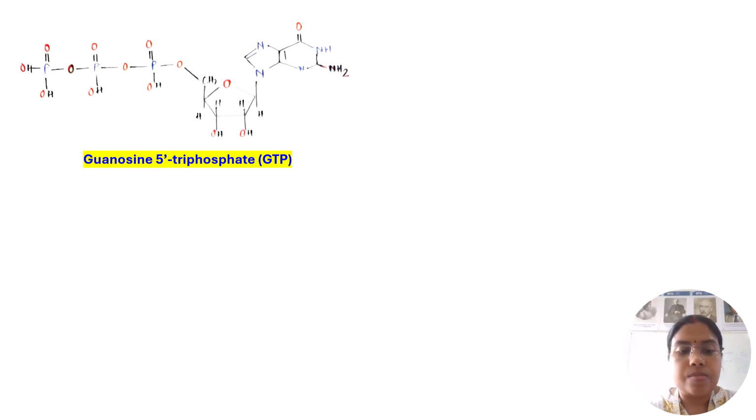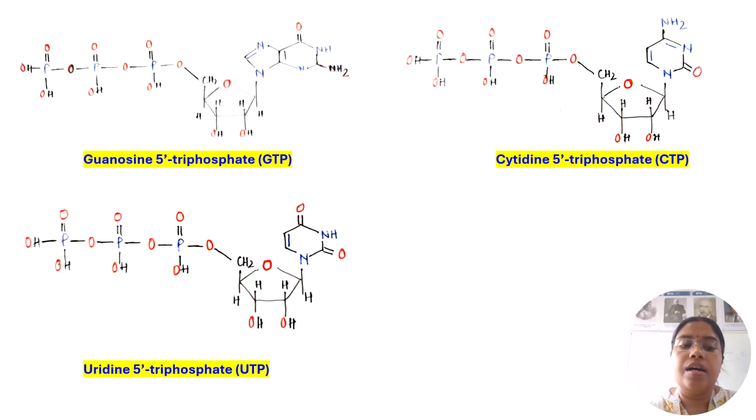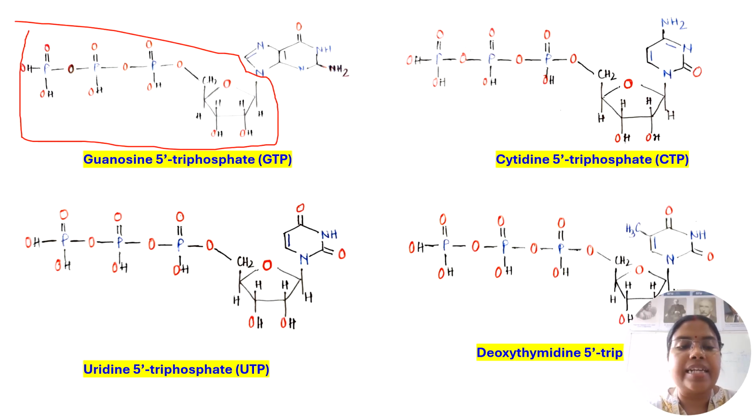Then the structure of guanosine triphosphate, this is the structure of cytidine triphosphate, this is uridine triphosphate, and this is deoxythymidine triphosphate. So in all the cases we can see only the bases are changing, all other structural parts are the same. All are triphosphates, so everywhere three phosphate groups are attached with the C5 position of the sugar molecule.